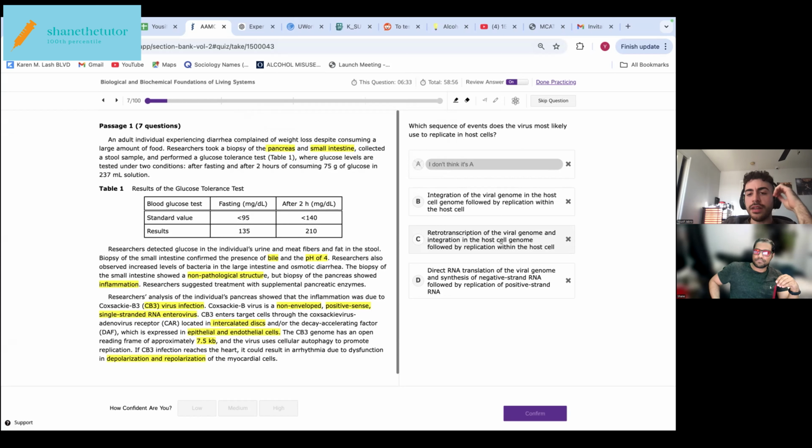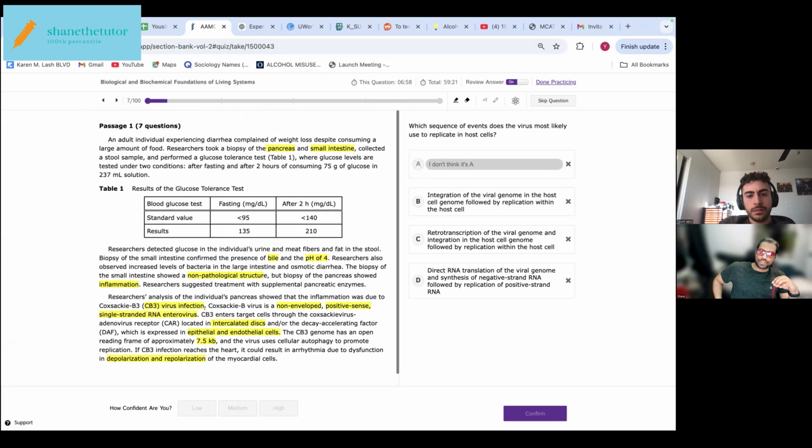A retrovirus is a virus like HIV, which has an enzyme called reverse transcriptase, which means it can take RNA and reverse transcribe it into DNA.